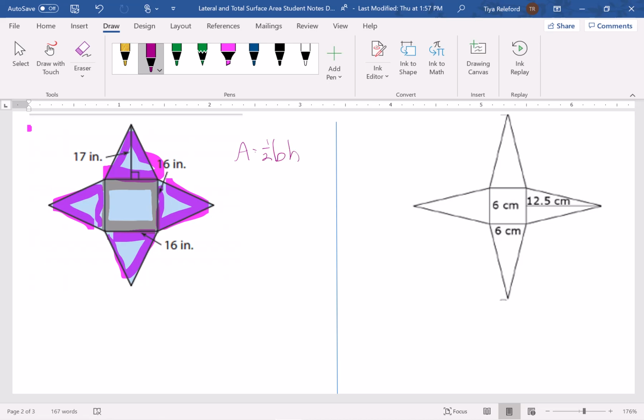So go ahead and find the area of that triangle. I think it's 136, but I'm not sure. So now write that area in each of these triangles.